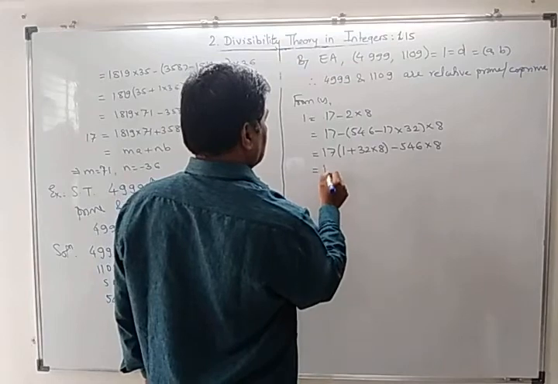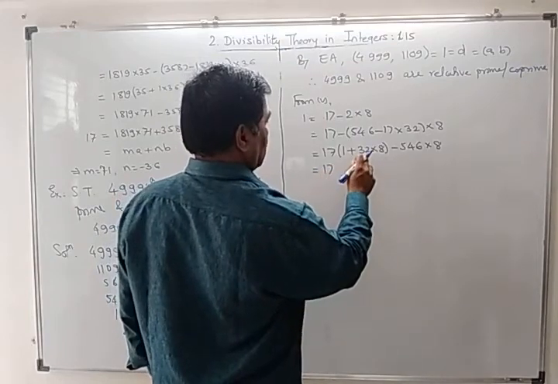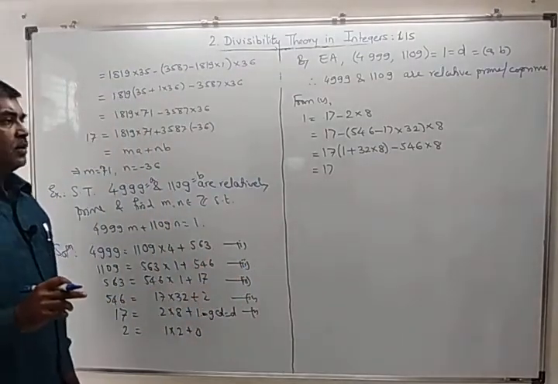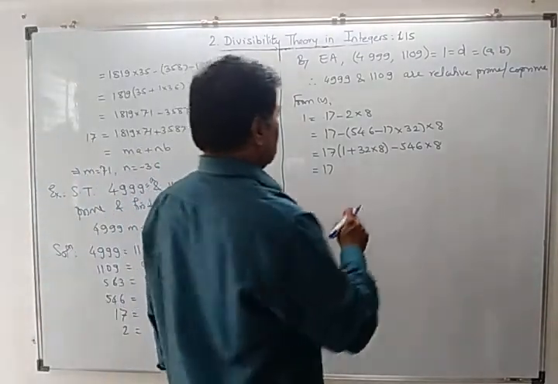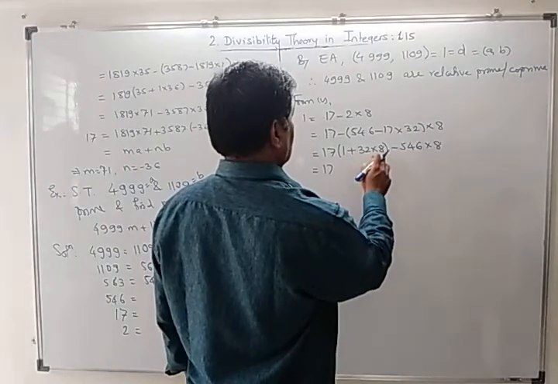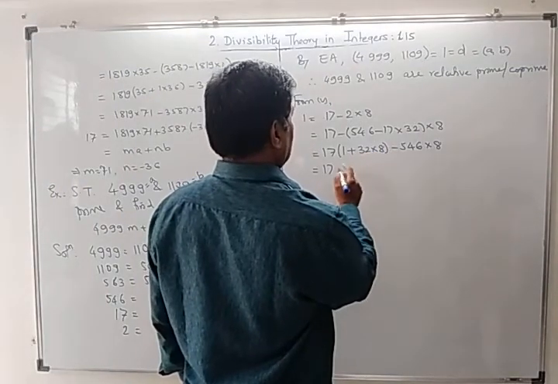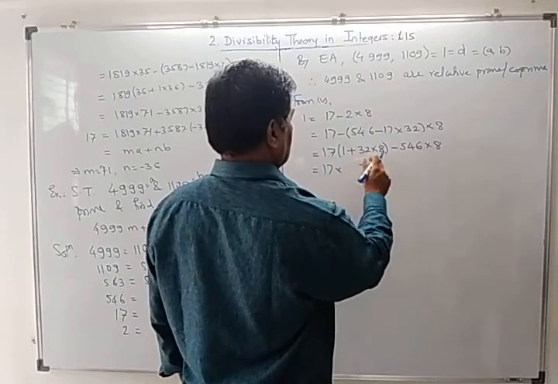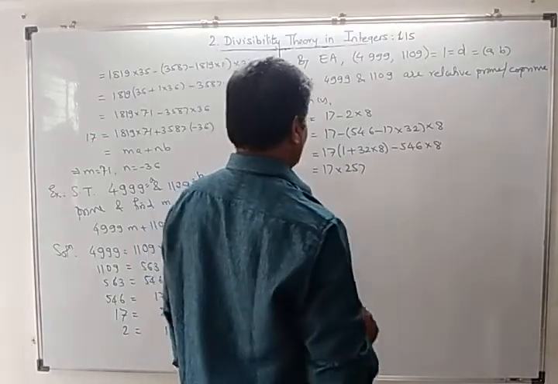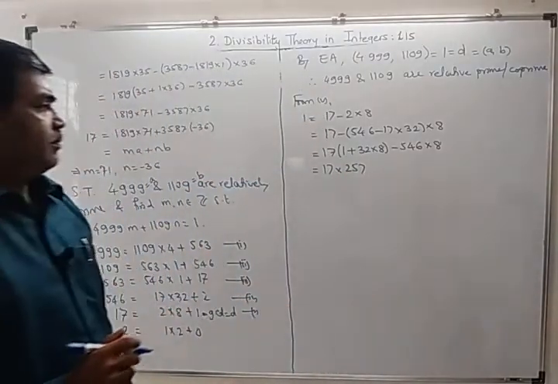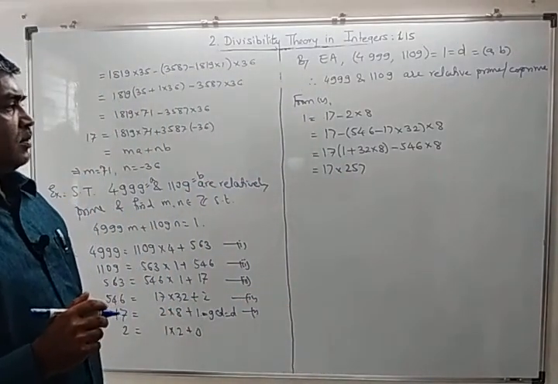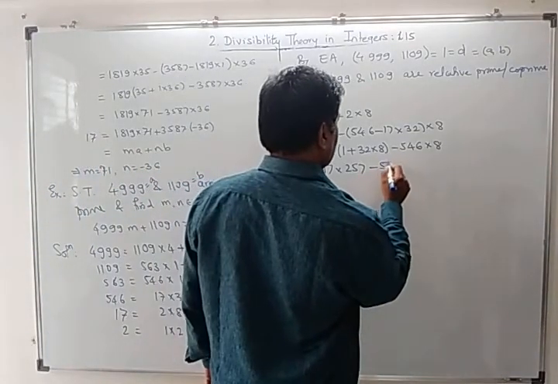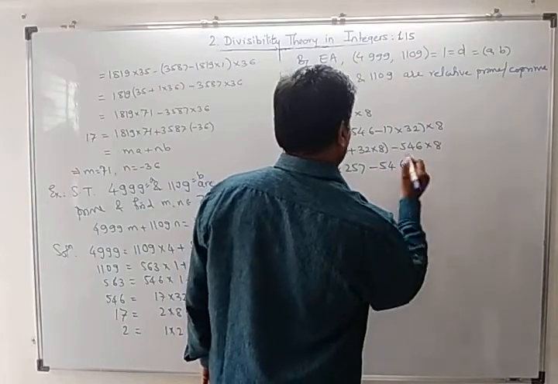So we'll get 17 into, now this 32 into 8, 257, minus 546 into 8.